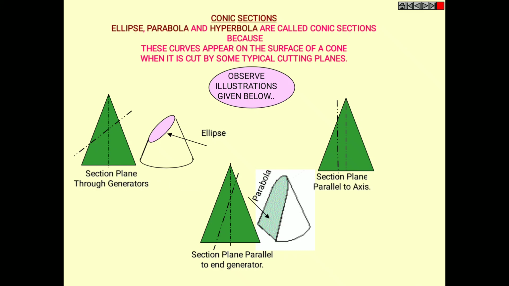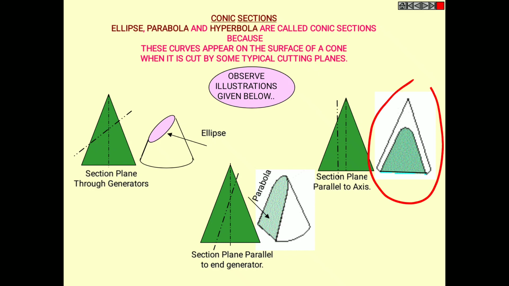See, the section plane is parallel to the axis, and if you remove the cutting part and observe the cone, you will see a curve in the shape of a hyperbola. See, this curve is called your hyperbola. Is it clear?